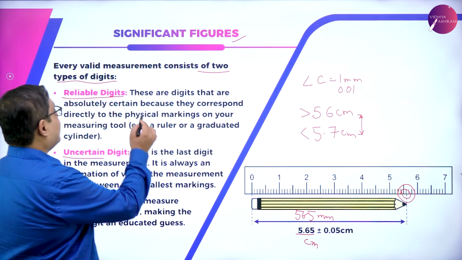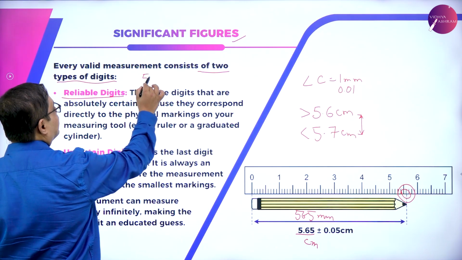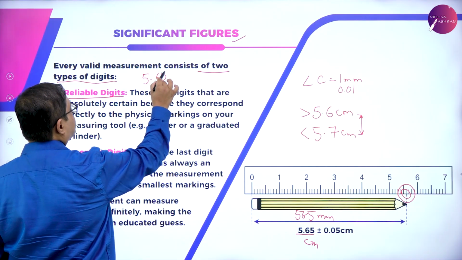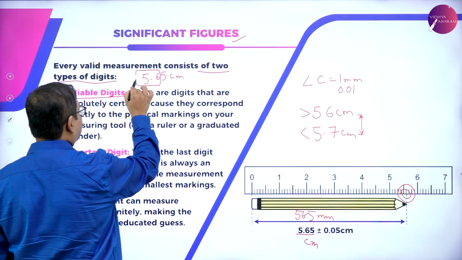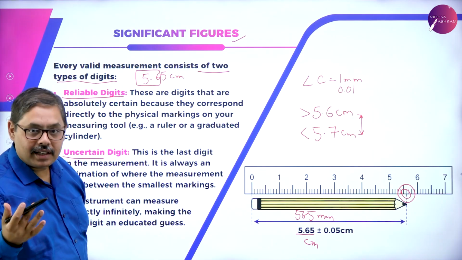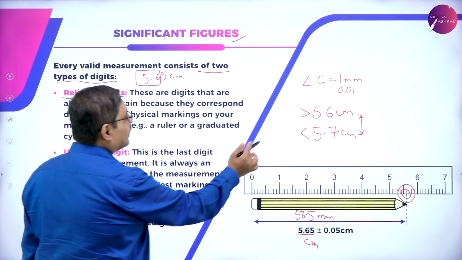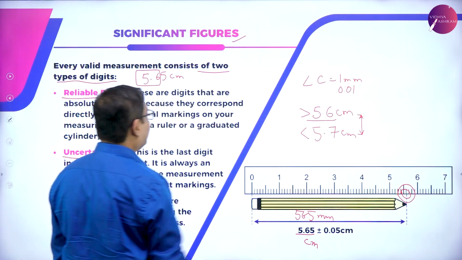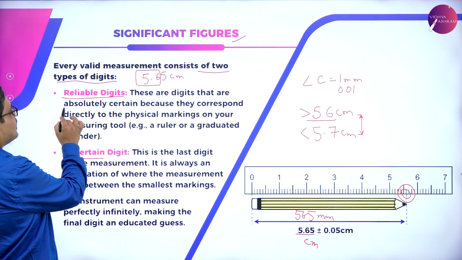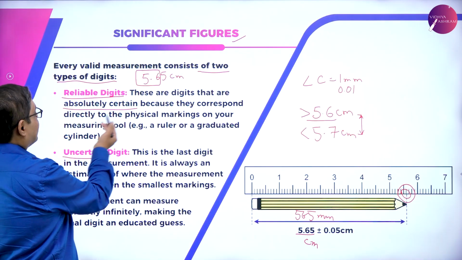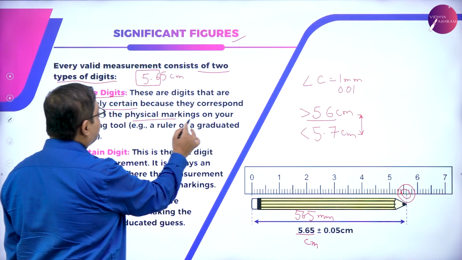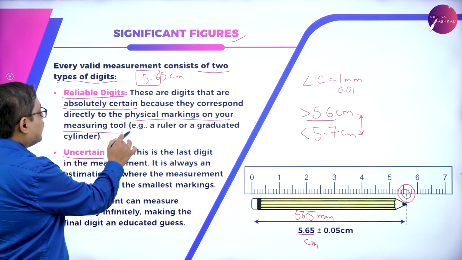So when I write that the length of the pencil is 5.65 centimeter, the first two digits here are reliable. As you can see, 5.6 was known to me. I am absolutely certain because they correspond directly to the physical markings on the measuring tool.